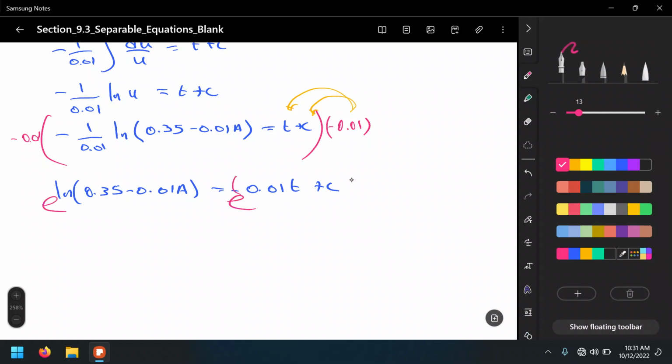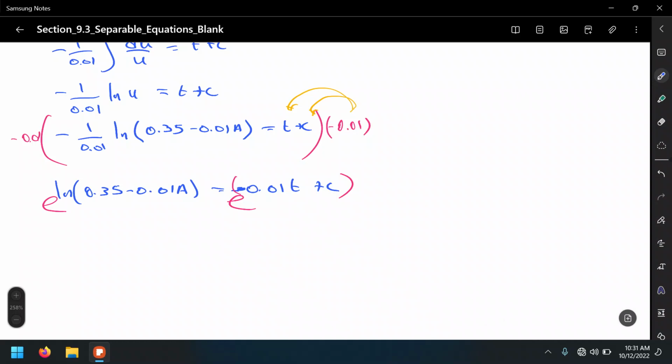And again, recall that this affects both terms on the right-hand side. So 0.35 minus 0.01A equals e to the negative 0.01t, and by the same law of exponents that we used last time in the previous example, that's just e to the c. And e to the number that we don't know what it is, it's just an arbitrary constant, that's just c. E to the negative 0.01t.